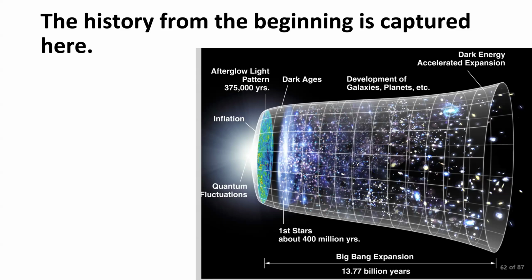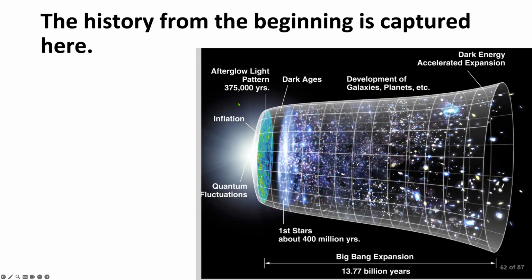And over time, that radiation cooled enough that particles formed, and eventually atoms started forming. Because if you put an atom in an extremely hot environment, the intensity of the light will break the atom apart. It will ionize the atom. So in the early universe, atoms could not exist.